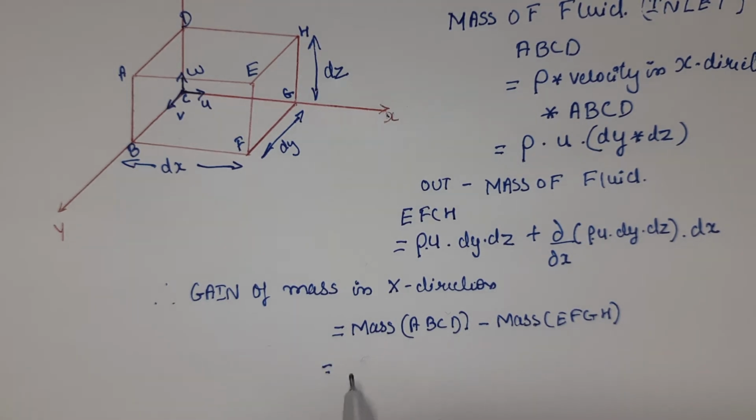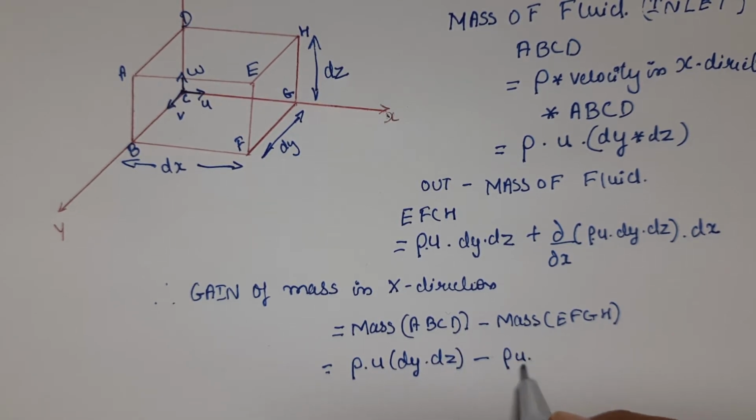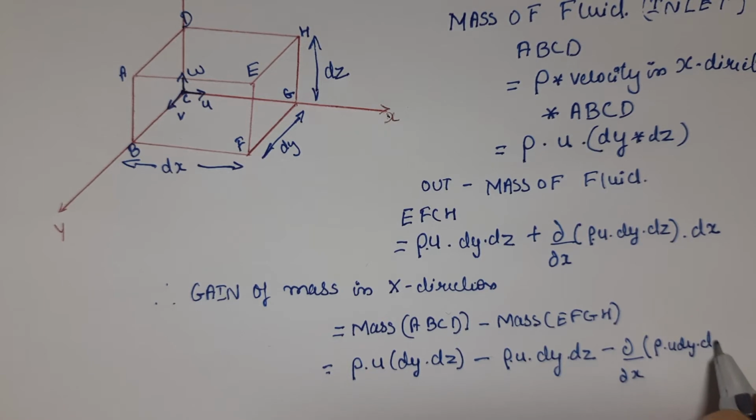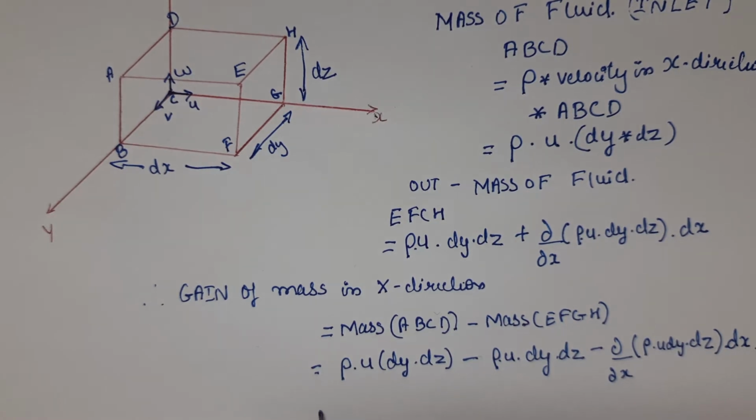So we can write it as rho u dy dz minus rho u dy dz minus dou by dou x of rho u dy dz dx.